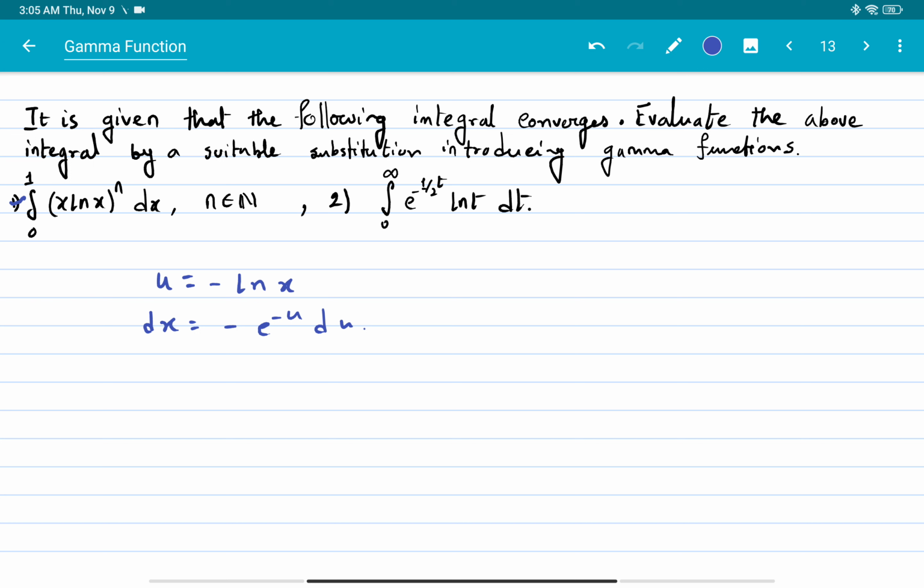Since minus u equals to natural log of x, we can write x equals to e to the power minus u.